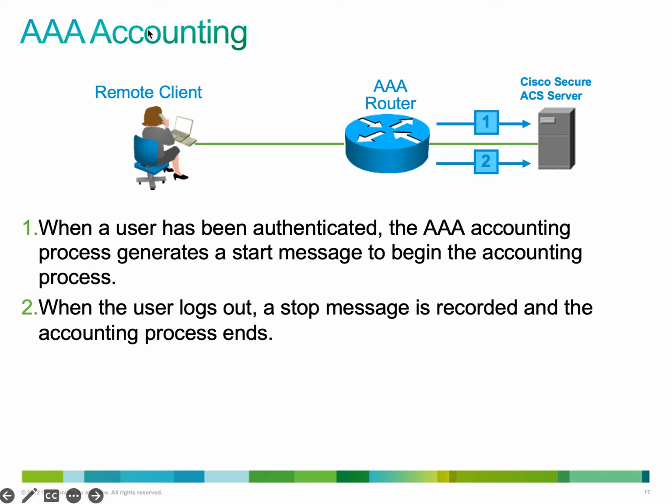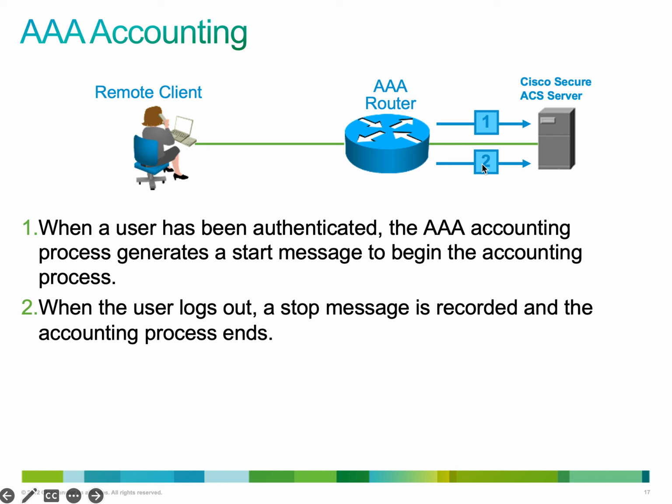Here is the remote client, and he establishes authentication with the AAA router and with the ACS server. Then whatever you ask, the router will ask the server, and if granted, we see.